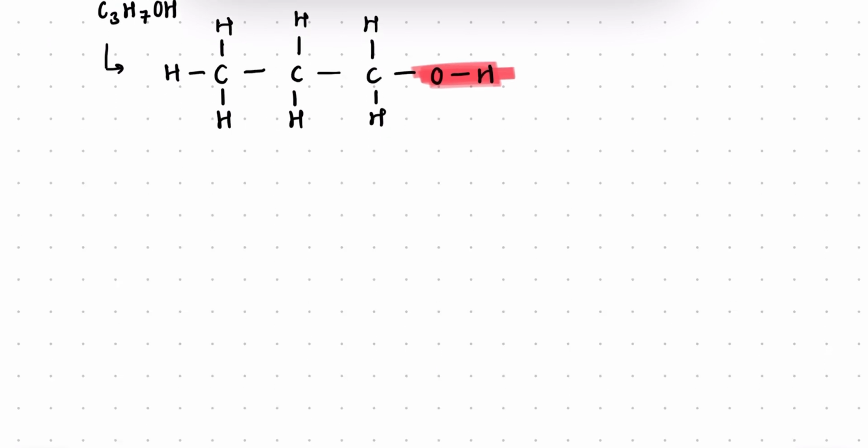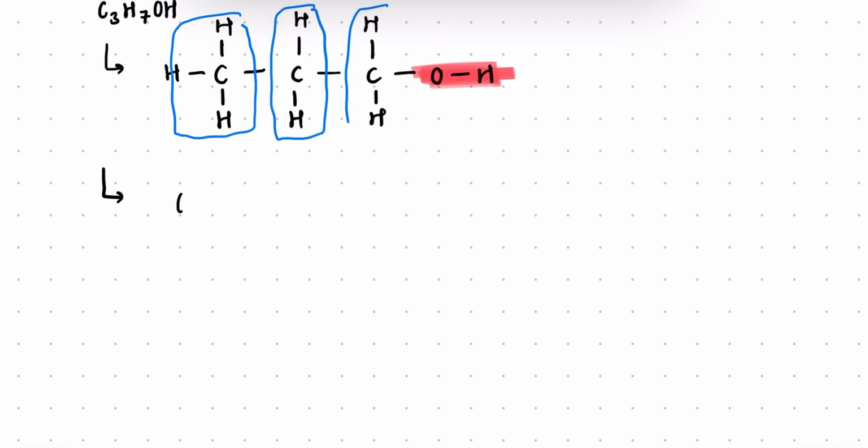Now let's move on to a condensed formula. In a condensed formula, we're showing the bonds between the groups. So we could write it like this. So here, let's talk about the groups here. So we've got this, then this, and then this, or you could just talk about this as a whole.